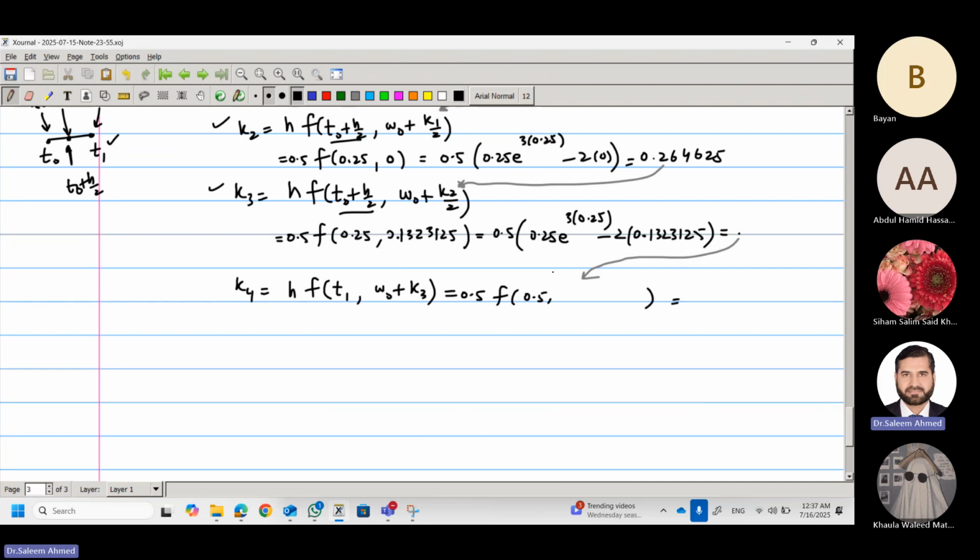So let me calculate if you want. 0.25 into e power 0.75 and minus 2 into 0.1323.25. So if I do that, multiplied by 0.5, it's 0.1323.125. The same as this one.